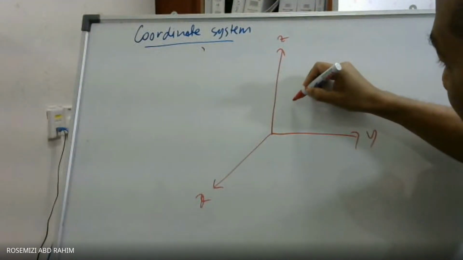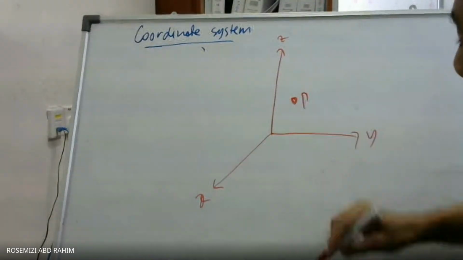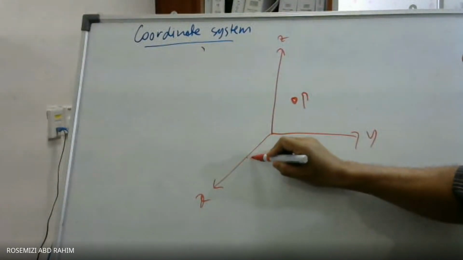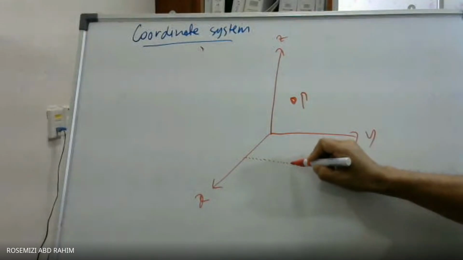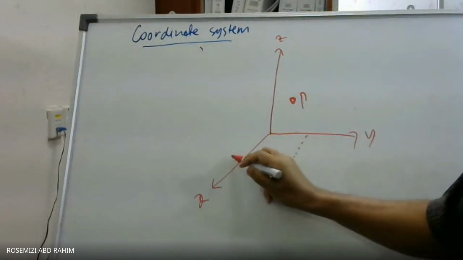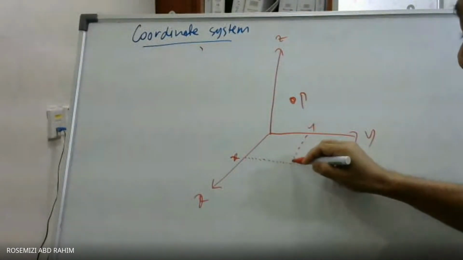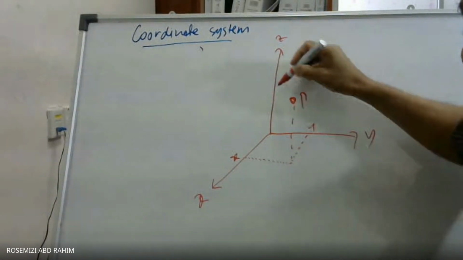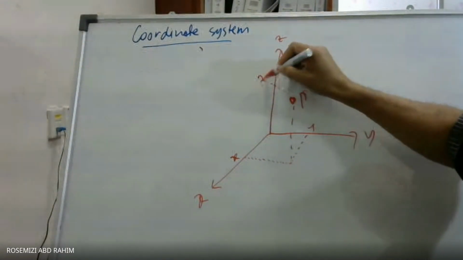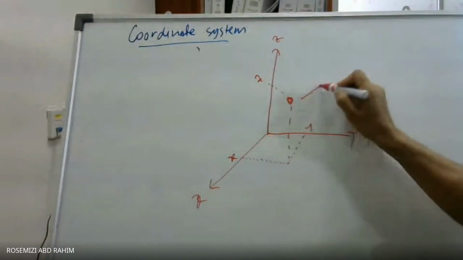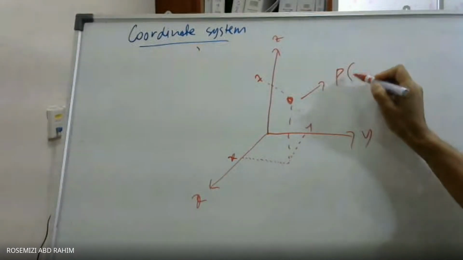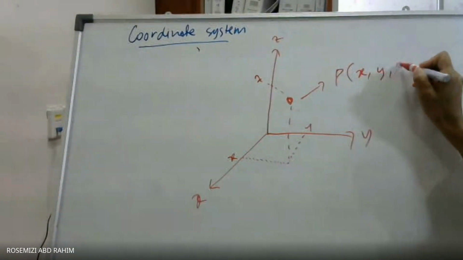So we have to point X and Y. This is X, this is Y, and this is Z. So point P is equal to coordinate X, coordinate Y, and coordinate Z.